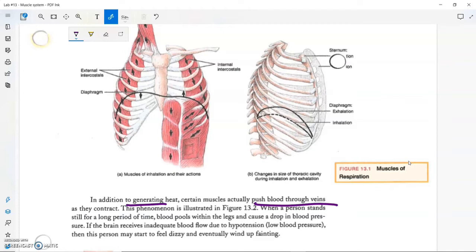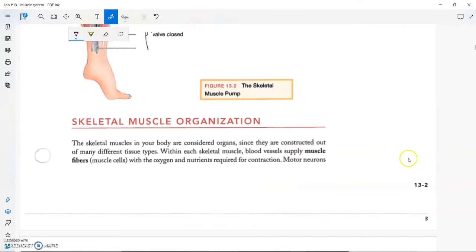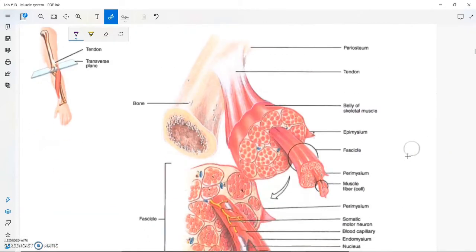Cardiac muscle pushes the blood through your veins and arteries, and muscles are necessary for respiration, and so on.